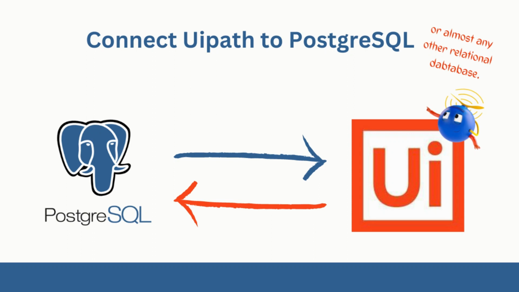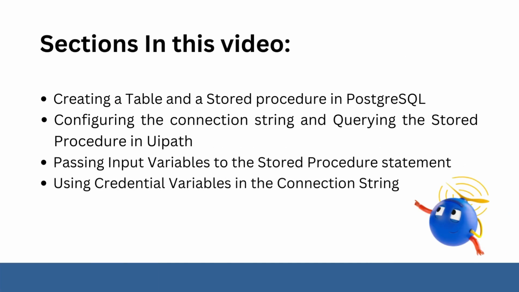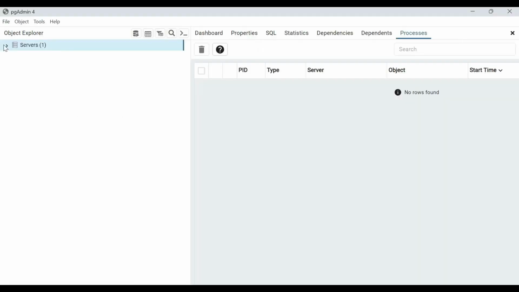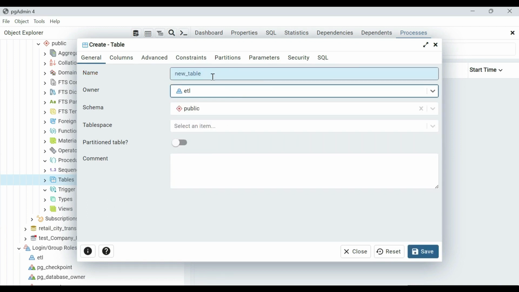I want to show how I connect to a Postgres database using UiPath. First, let's create a table in our Postgres database.